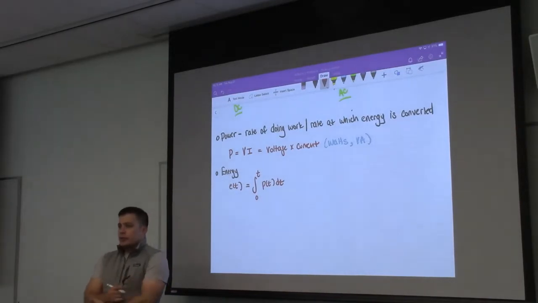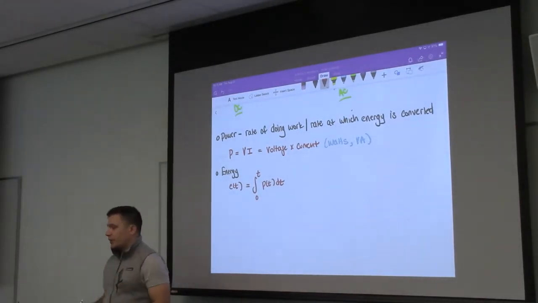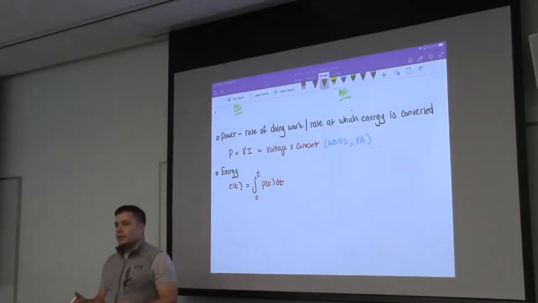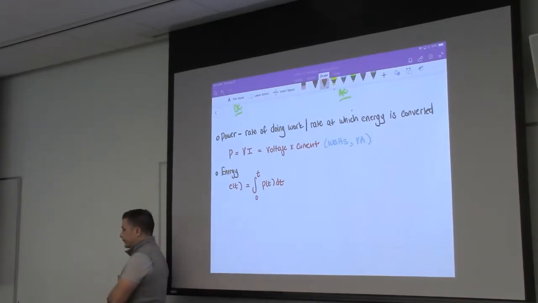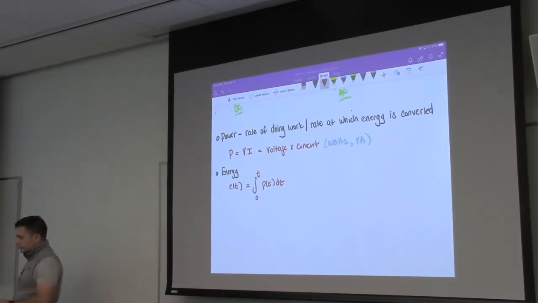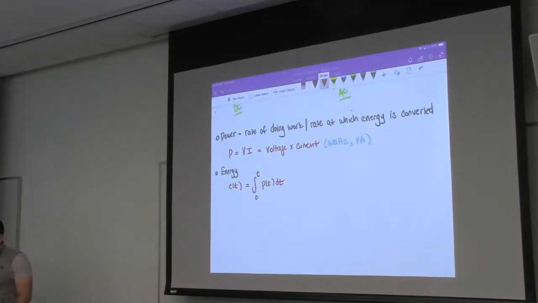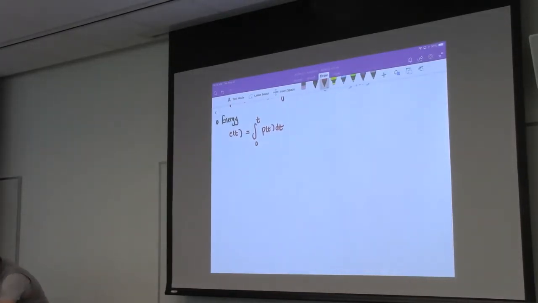All you would have to do is calculate the power at specific points in time, and then either use a discrete sum or use an integral if it's a continuous function, and calculate what the total energy being consumed is. Okay, so next.